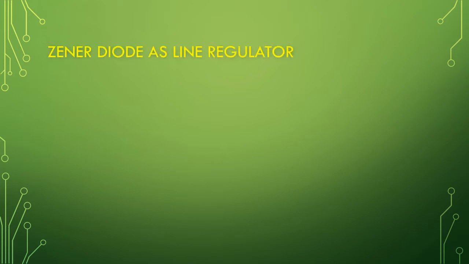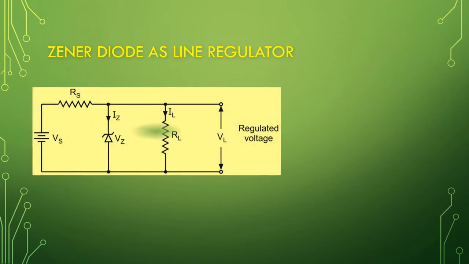Okay, so we know what regulation is and why the Zener diode is used as a voltage regulator, because the constancy of the voltage across the Zener diode in the breakdown region makes it a useful voltage regulating device. We all know about it. This is the circuit arrangement from which we can use the Zener diode as a voltage regulator.